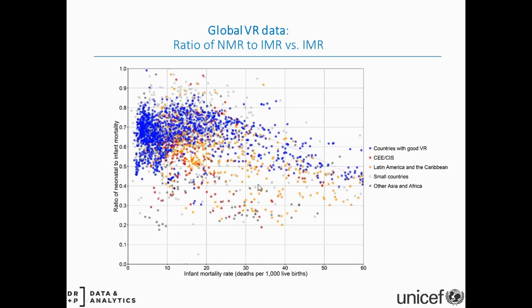But you also notice that for those blue dots, the majority of the data points are above 0.5 or 0.6. This is for the ratio of neonatal mortality rate to infant mortality rate. And apparently for Central European countries and also Latin American and Caribbean countries, you see a much lower level in this period.